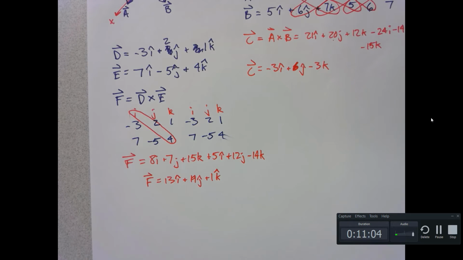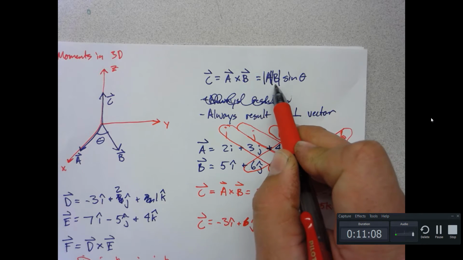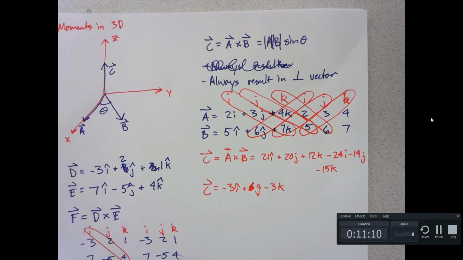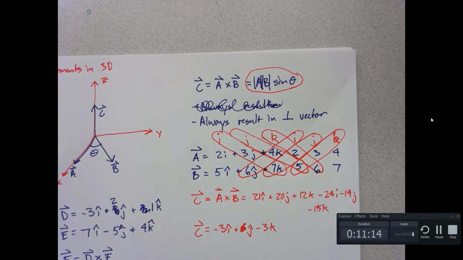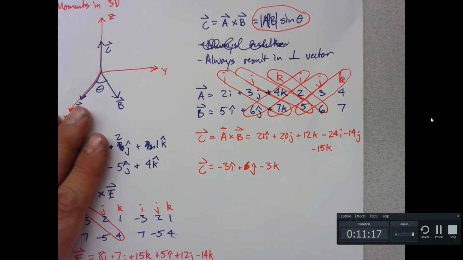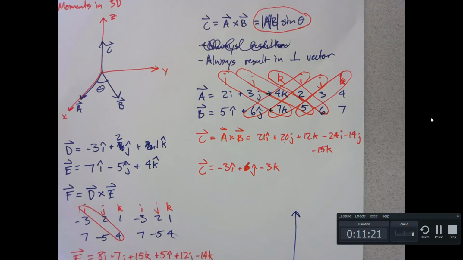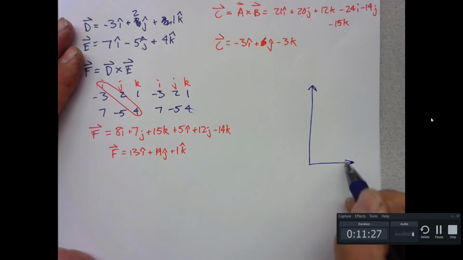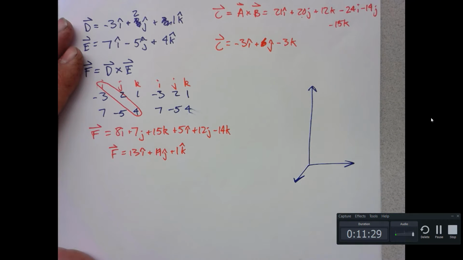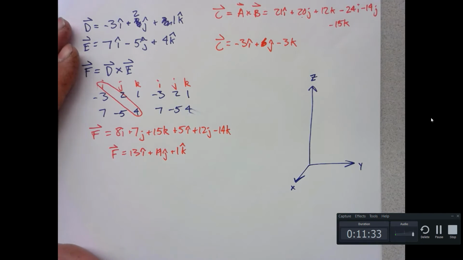Neat thing about the cross product is if we come back here, the magnitude of A times the magnitude of B times sine theta. All right? This is why we use this in moments. Let's imagine for a second we have a coordinate system. It looks like this, where x, y, and z.